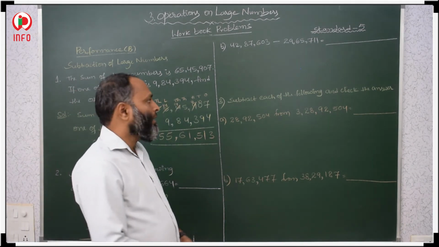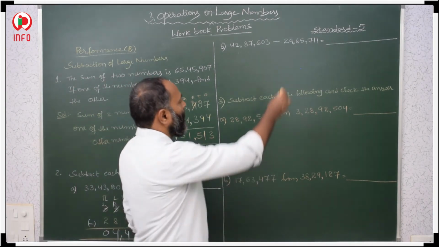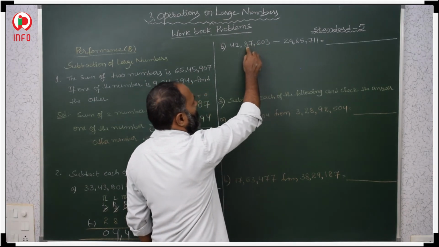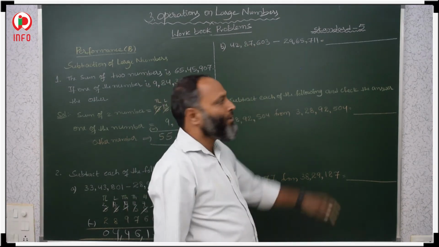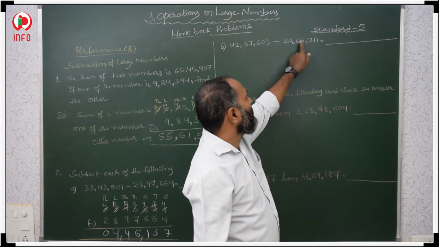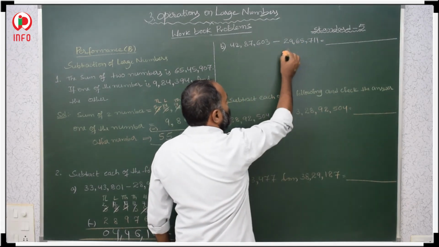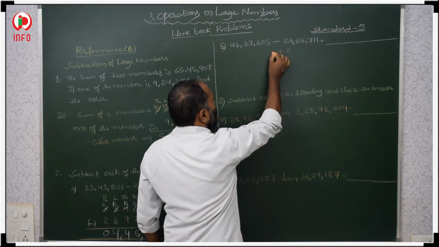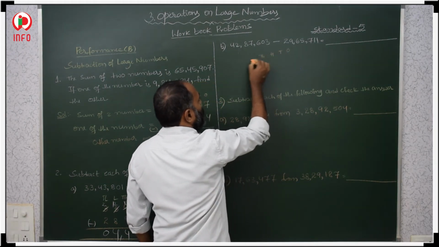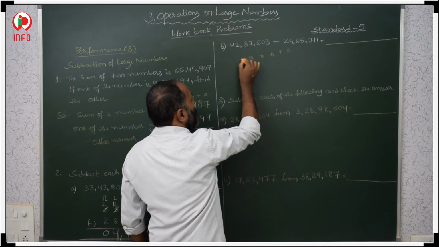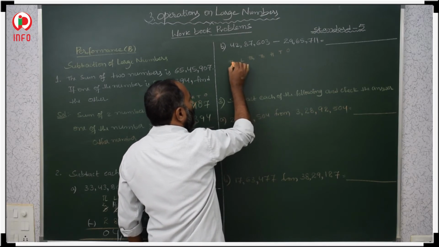Now, here how many digits are there? 1, 2, 3, 4, 5, 6, 7. Up to 10 lakhs. Means ones, tens, 100, 1000, 10,000, lakh, 10 lakh.